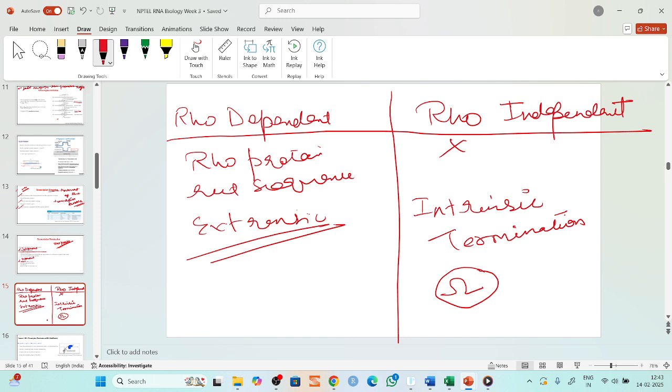So these are the two ways essentially by which transcription can be terminated or stopped. One is rho dependent, the other one is rho independent.